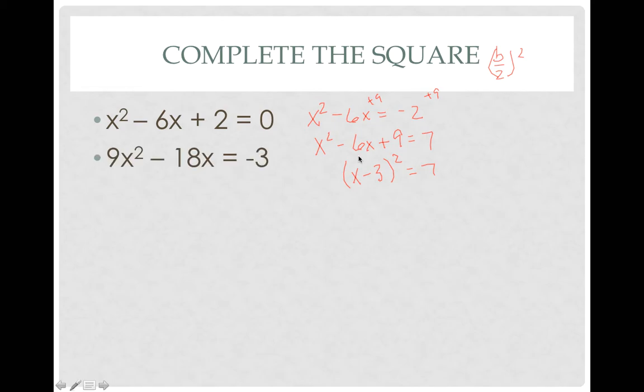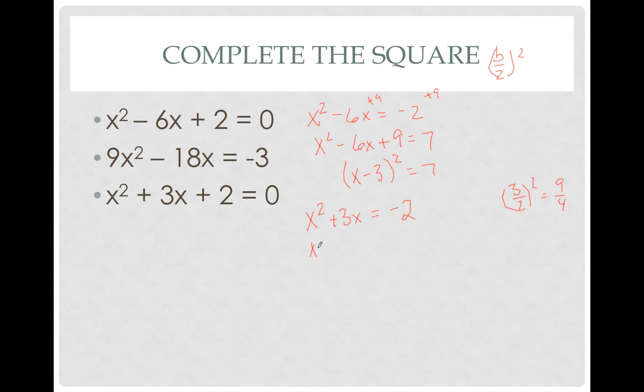We're not going to do that one because I don't think we do a lot of the ones where a is not 1. We're going to do the last one. We're going to subtract 2 from both sides. We're going to take half of b, so 3 over 2, and square it, which is 9 over 4.